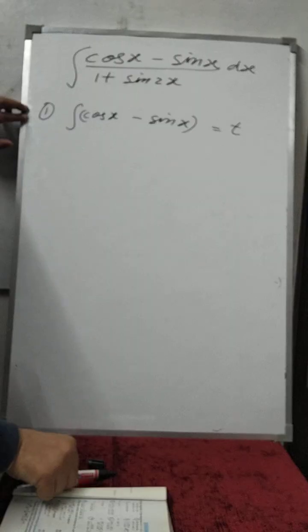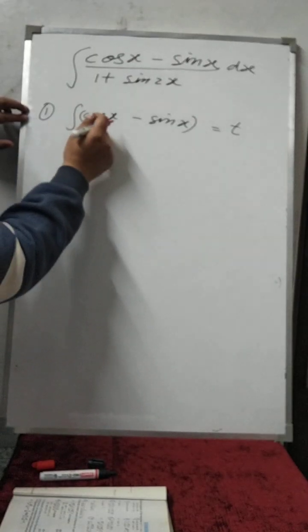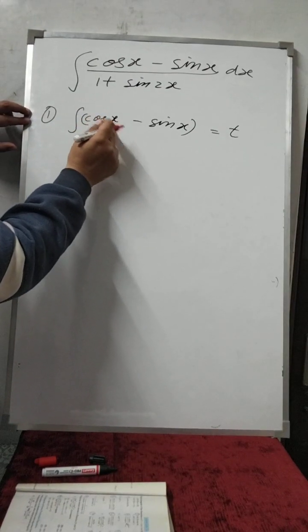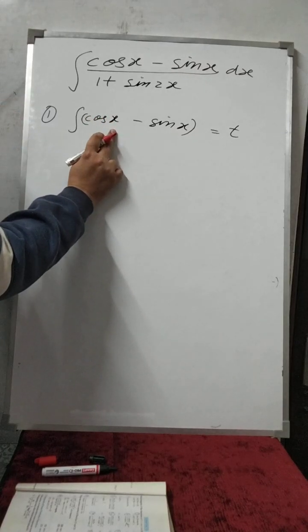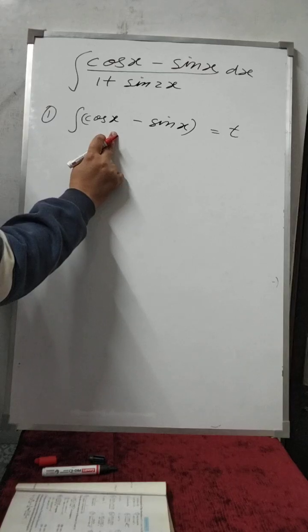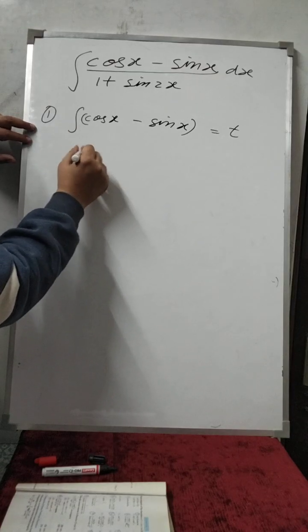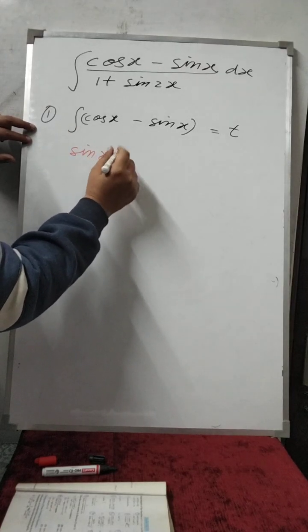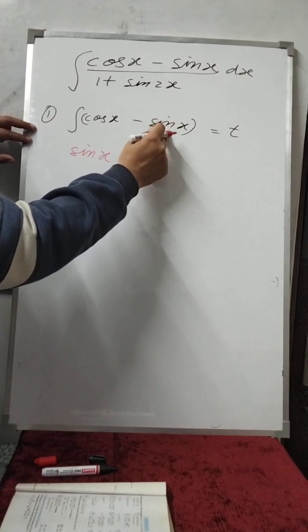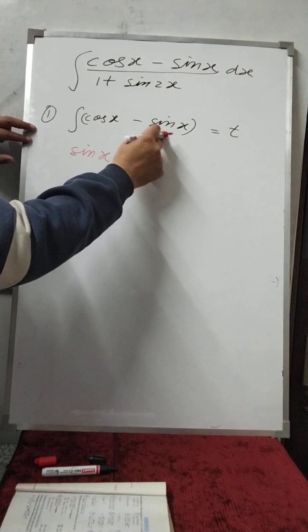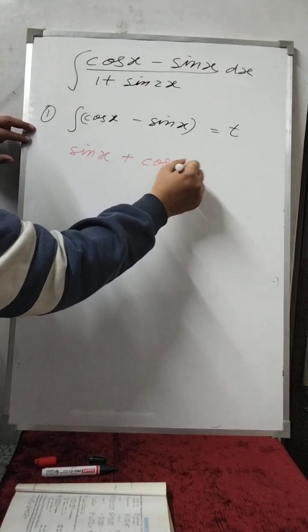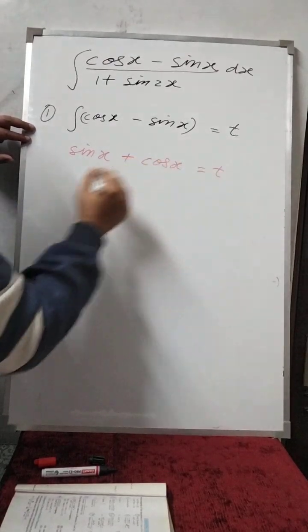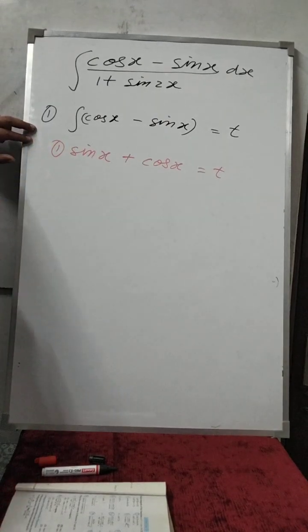What is the integration of cos x? Integration of cos x will be sin x, and integration of sin x will be minus cos x, minus minus will become plus, so I can write plus cos x, and this I will write as t. This is my first step.